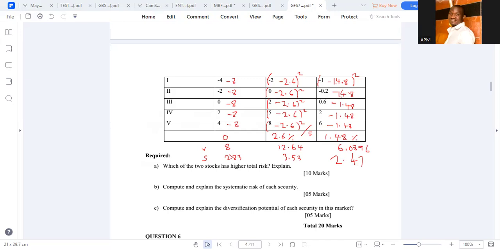Okay, with those parameters, how do we now calculate the beta for J using that data?